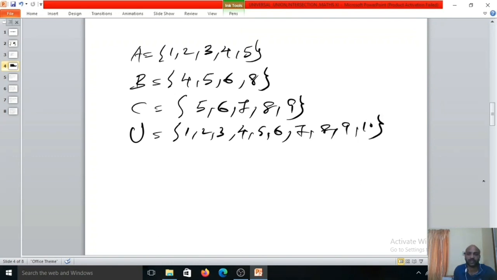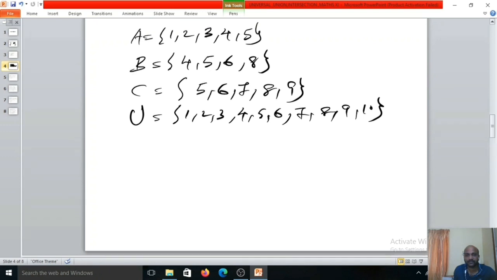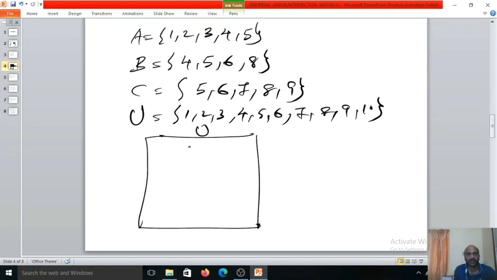How we can represent by using Venn diagram? First we can draw that universal set U. Then you have to check these three sets A, B and C.